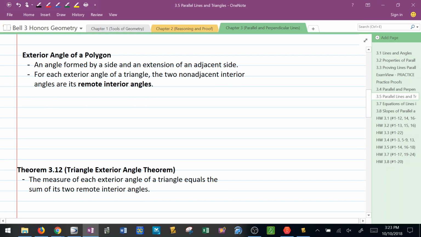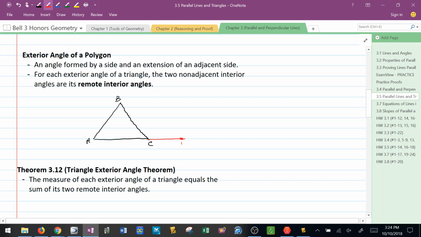Within a triangle, we have something known as the exterior angle of a polygon. Now, we're going to focus on triangle side, but this is true for other polygons, quadrilaterals, pentagons, hexagons, etc. So I'm going to start off with this triangle right here. And if I take triangle ABC, let's call it, and I take one of the sides, I'm going to choose to take side AC and extend it out in one direction.